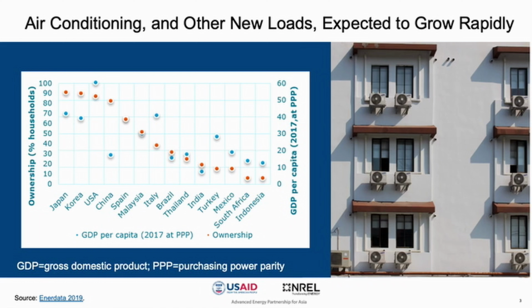Besides total demand, extensive ownership of air conditioners also affects daily and seasonal load profiles and eventually peak demand, with the majority of new demand growth concentrated during the hottest parts of the year.